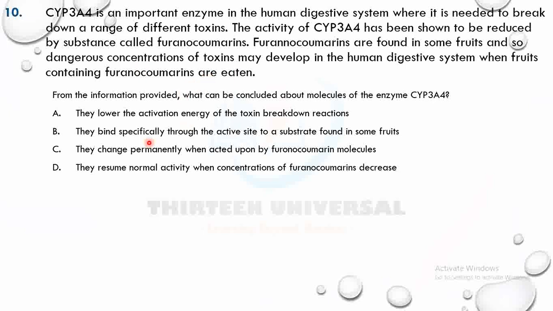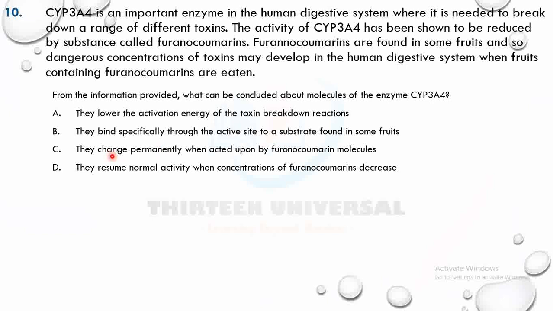So B said they bind specifically through the active site to a substrate. It does not bind to one substrate. It's involved with different toxins. Why different toxins? Because the enzyme binds to many. So toxins are the substrate, and that has many toxins. It doesn't have one. Okay, that's why B is wrong.